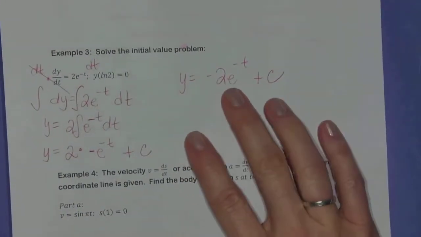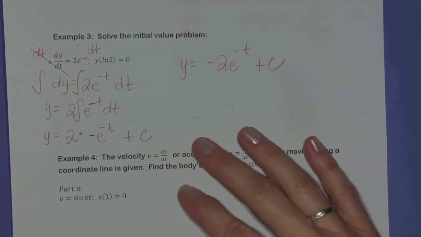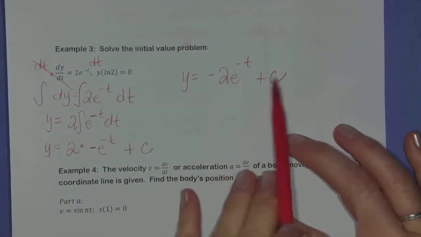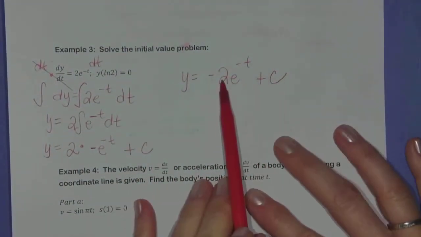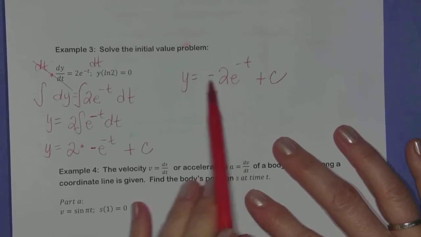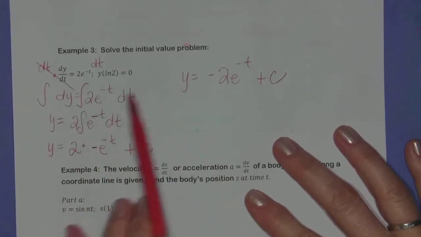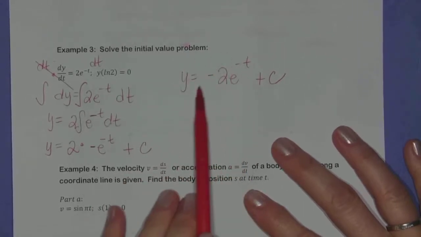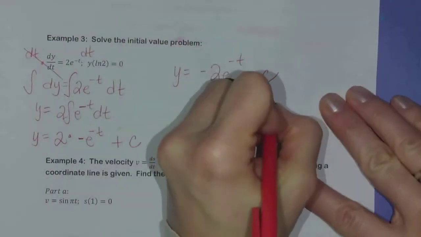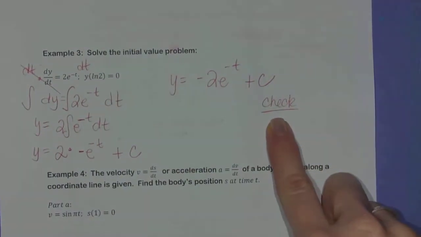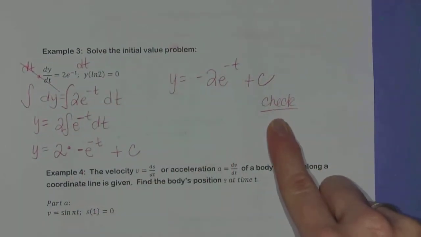Now, if you're not sure about that process I just went through, let me just show you how this works. If I take the derivative of this, I should get back my original before I ever anti-differentiated. So just using a quick product rule, I'm going to run a quick check so that you're okay. Let me change colors here.